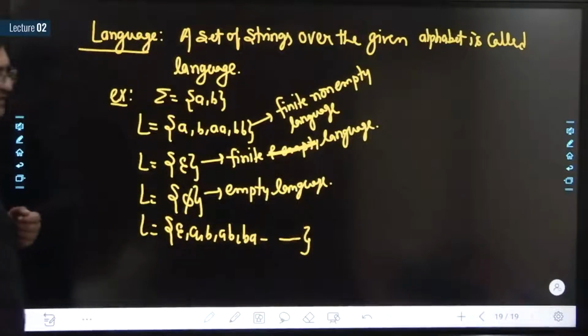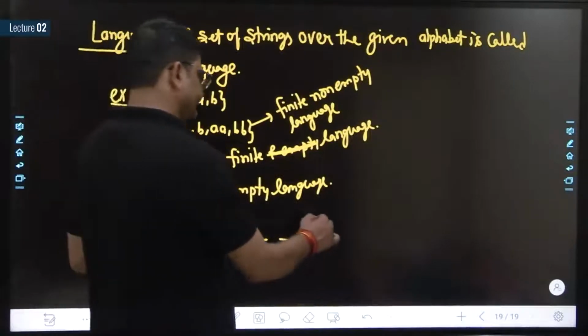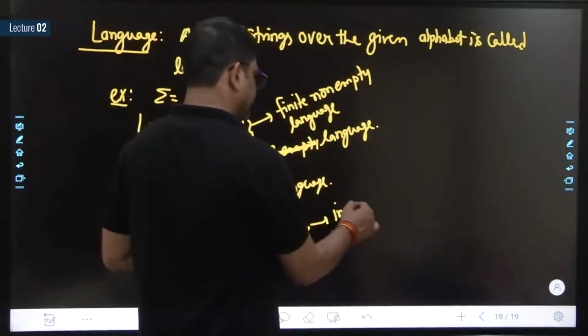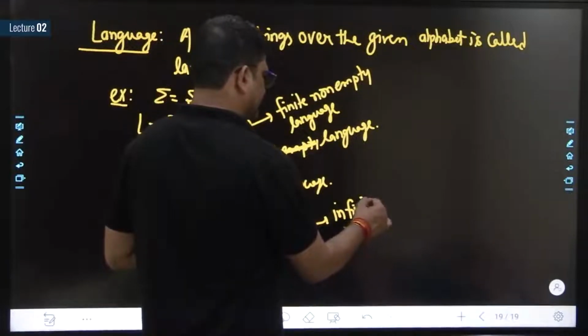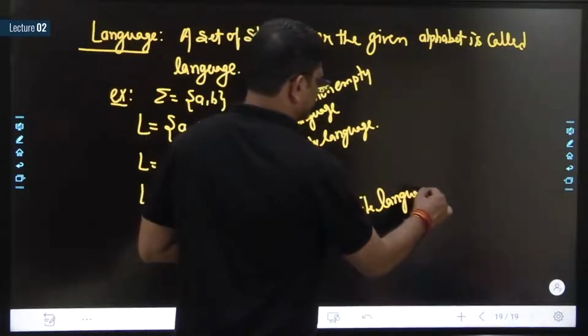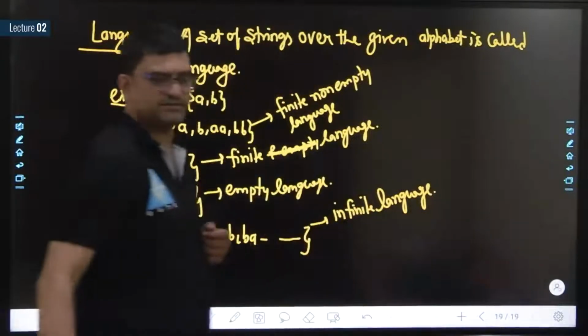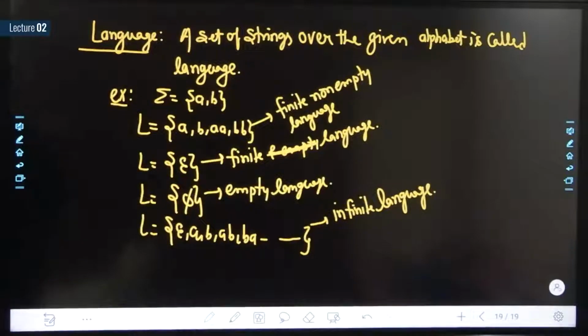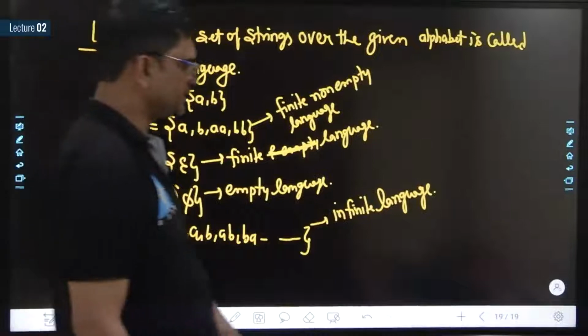This is the infinite language. Clear? Very good.